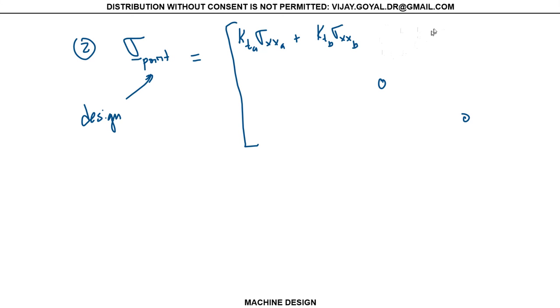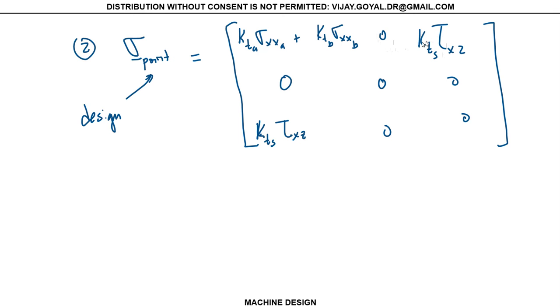Depending on the case you're working with, let's suppose as an example, if this was XZ, then I will apply my factor KTS to my torque, if this actually was torque itself, and everything else would be 0. For this example there may be plus and minus signs involved, but overall, this is what your state of stress looks like.